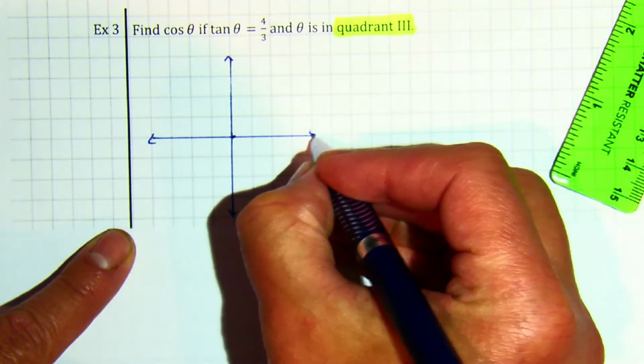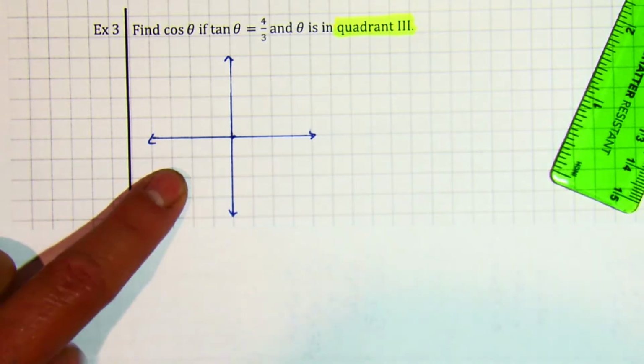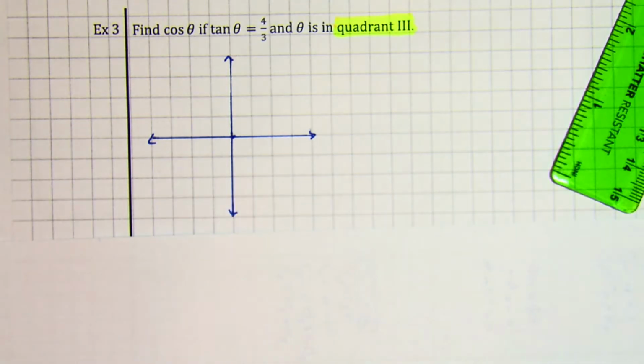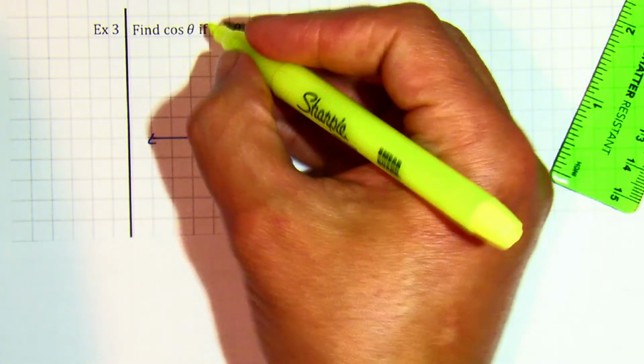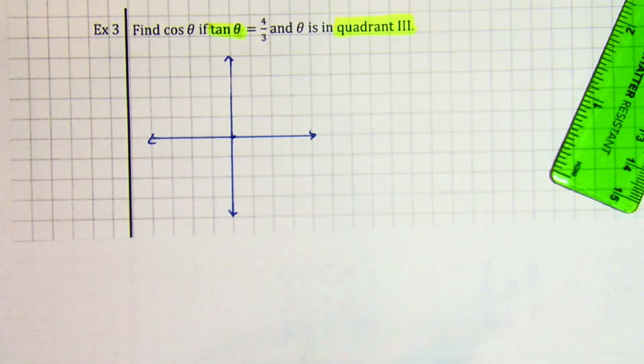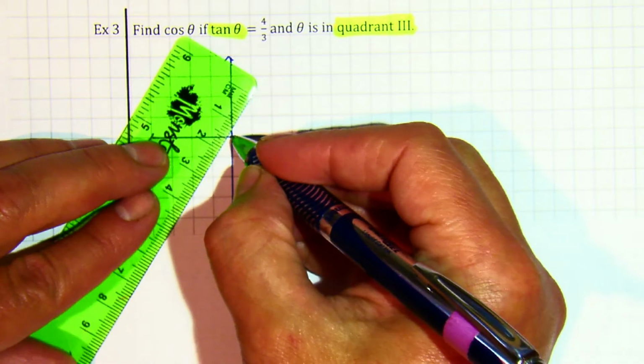Let's do a quick sketch. So I know it's going to be in quadrant number 3. They're telling us to find cosine, and they're telling us that tangent is 4 over 3. So first, I'm going to make my triangle in quadrant number 3.